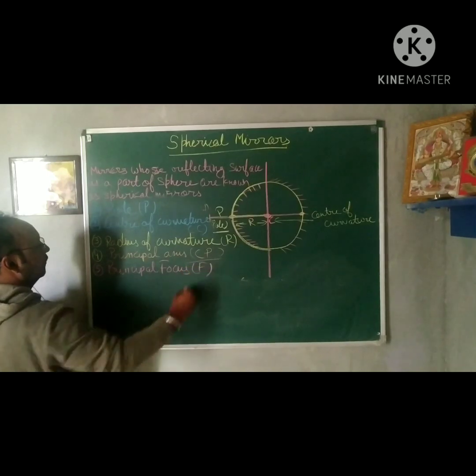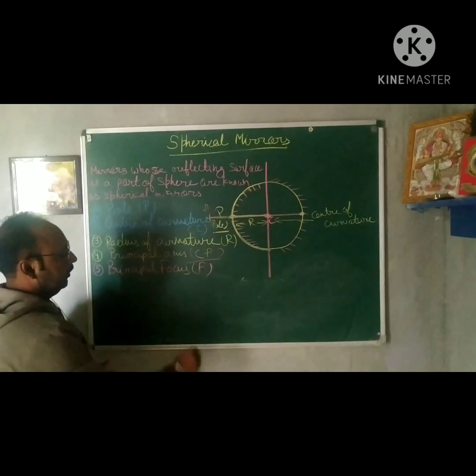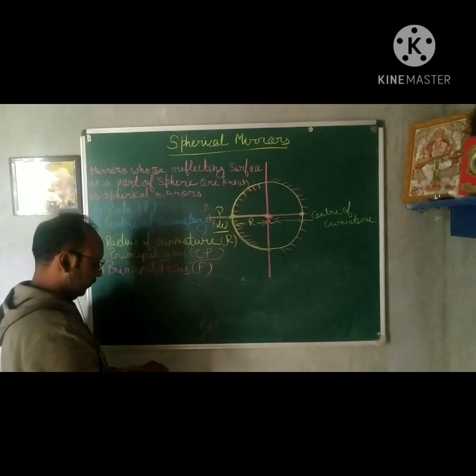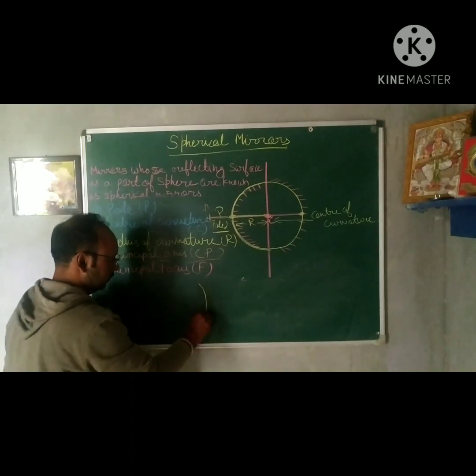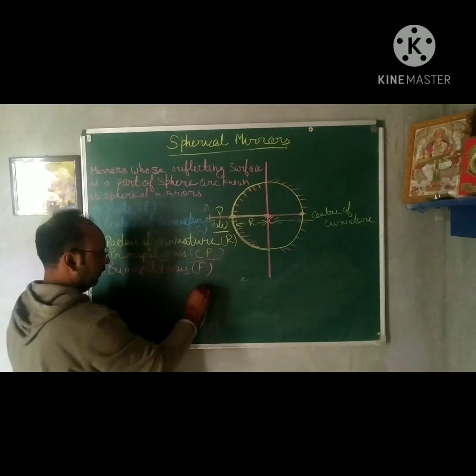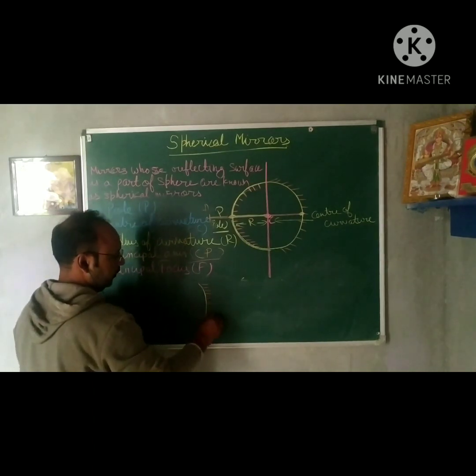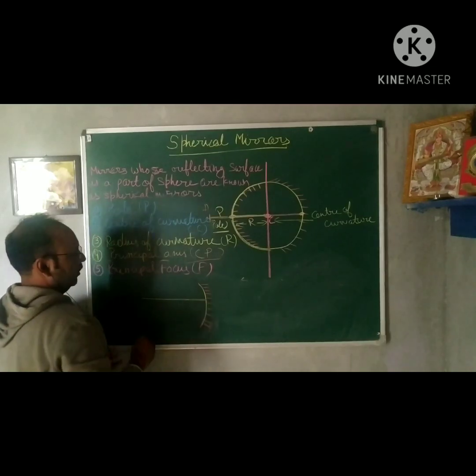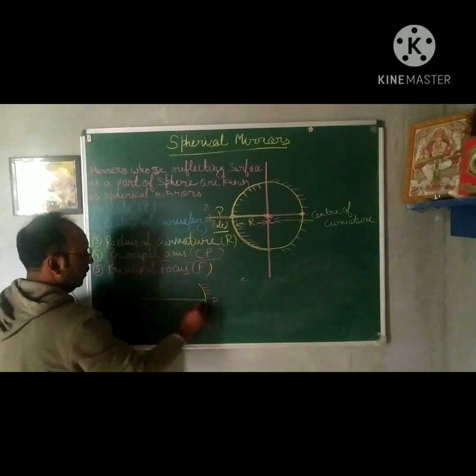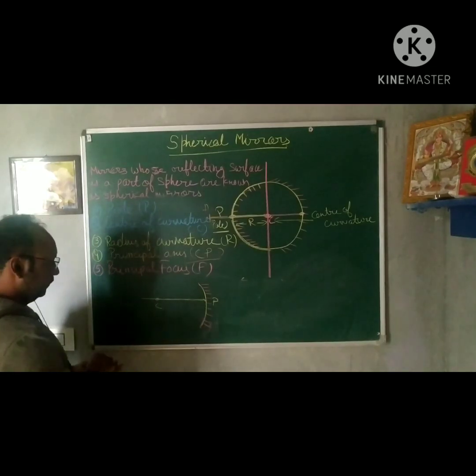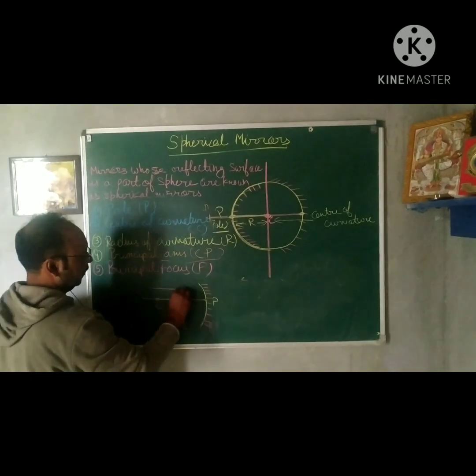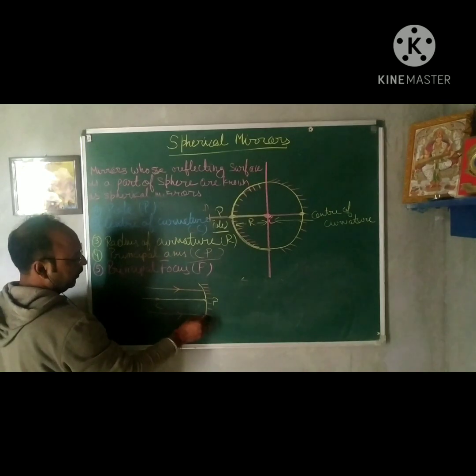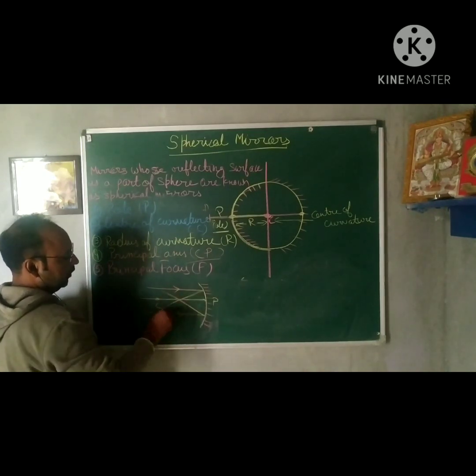That is very important. Let's use it for a polished surface only. If I take this mirror, the outer surface is polished, right? This is the axis containing the pole, and here is the center of curvature. If a ray of light comes from here, after striking it will move like this.